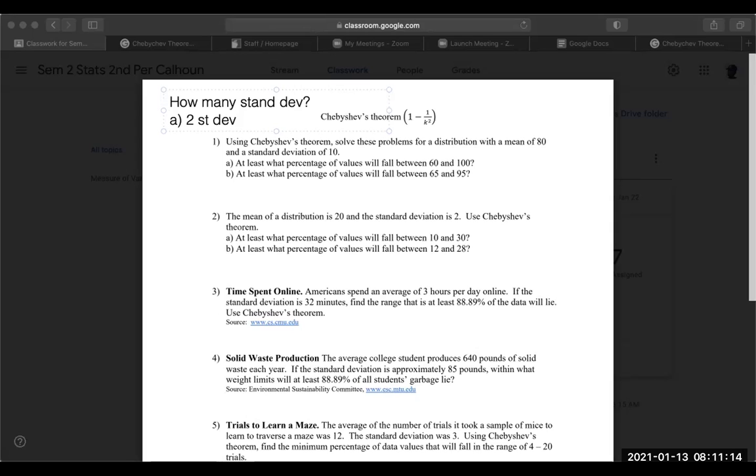Since it is exactly 2 standard deviations, the percentage is 1 minus 1 divided by 2 squared.